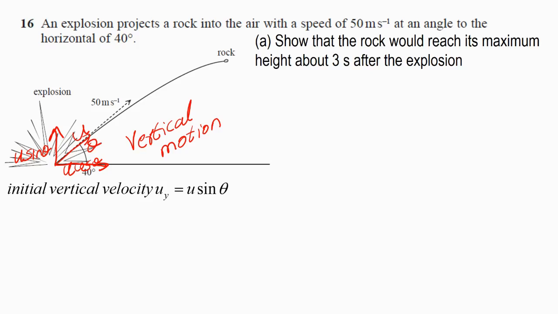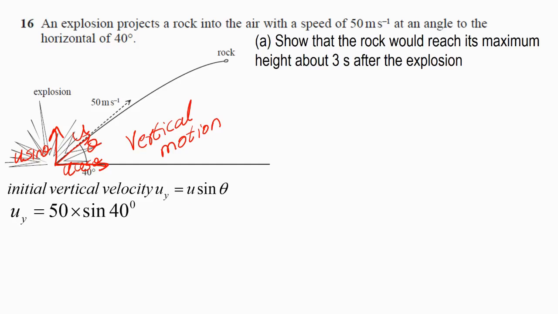Now we are considering only the vertical motion of the rock, so we have to consider the initial vertical velocity, the final vertical velocity, the acceleration, and so on. The initial vertical velocity of the rock is the vertical component of the initial velocity, that is u sin theta.